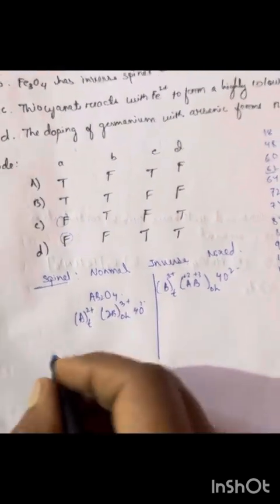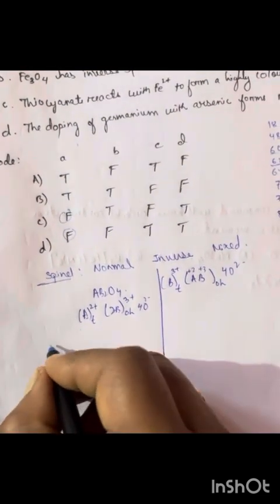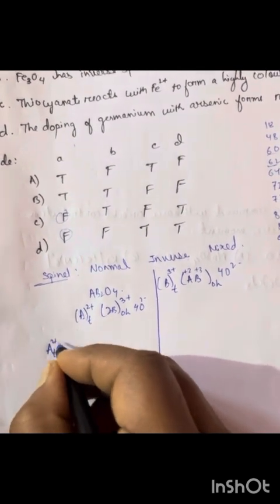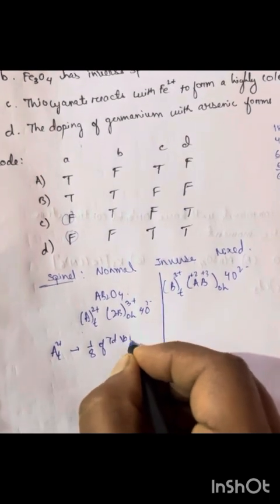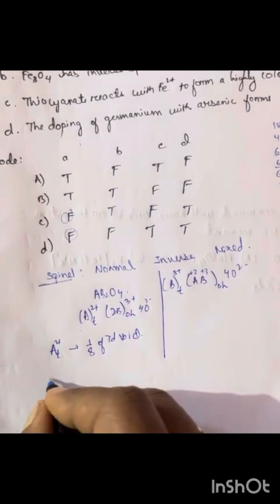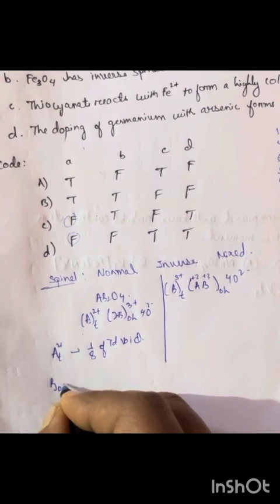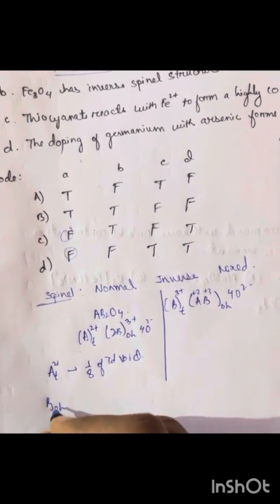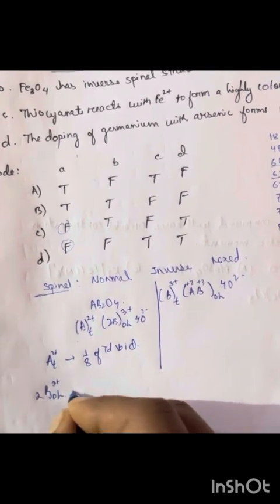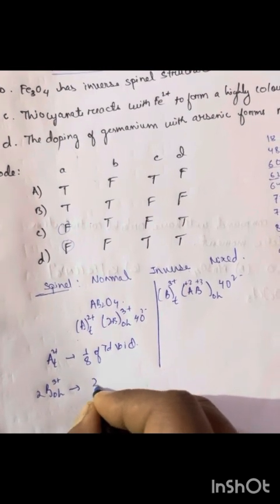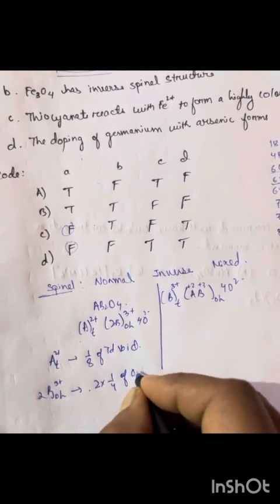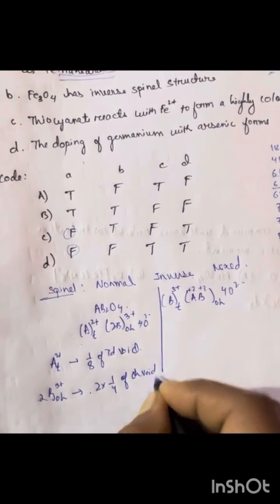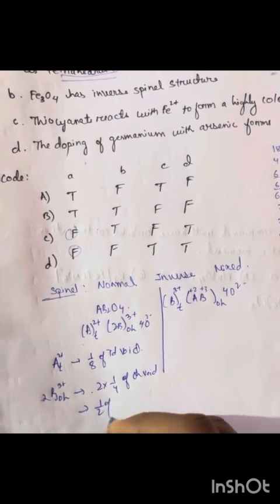Now you should know about contribution also. For normal spinel, A 2 plus in tetrahedral contributes 1 by 8 of the tetrahedral void; you should remember this. For B 3 plus in octahedral, there are 2, each giving 1 by 4, so it comes out to 1 by 2 of the octahedral void.